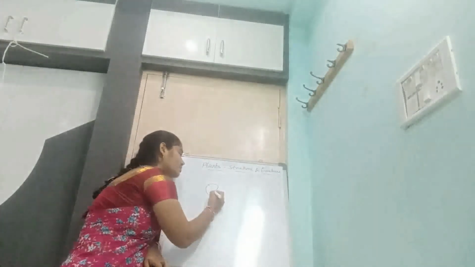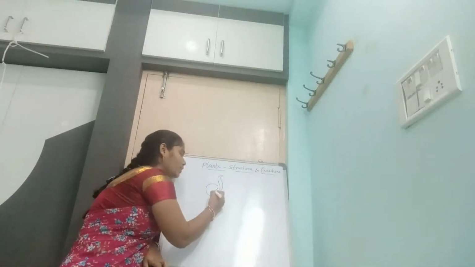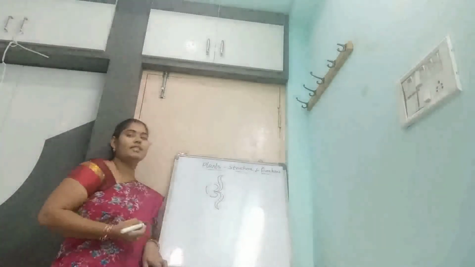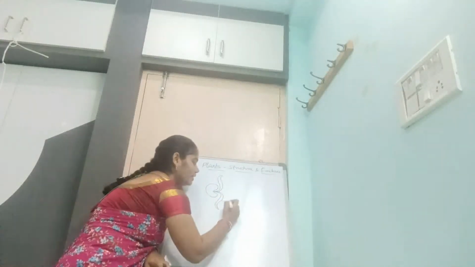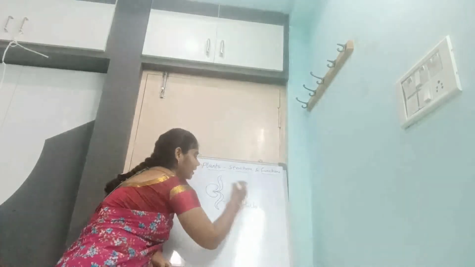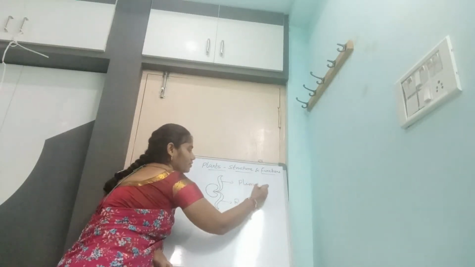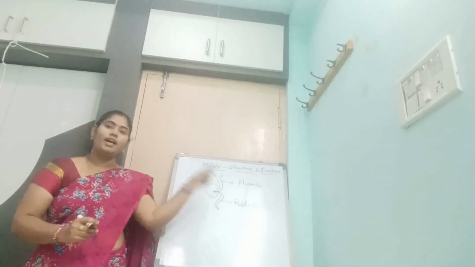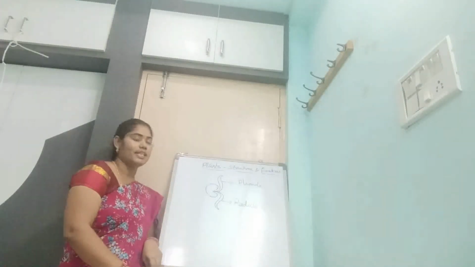The germinated seed will give two structures, namely radicle and plumule. So radicle and plumule are the two main parts coming from the germinated seed.